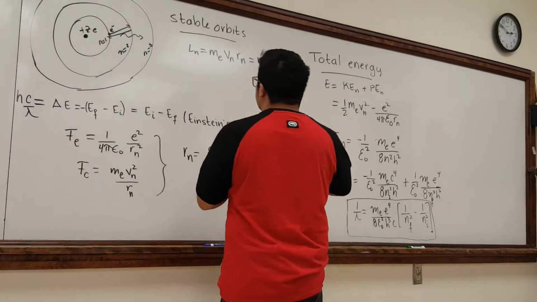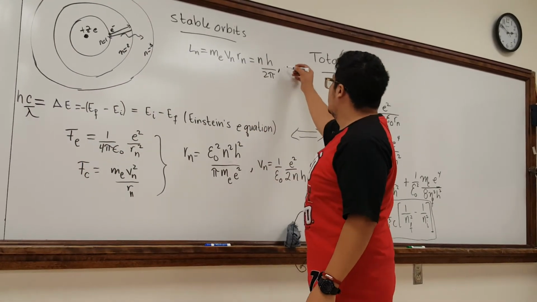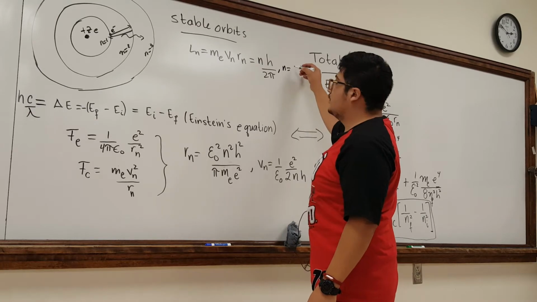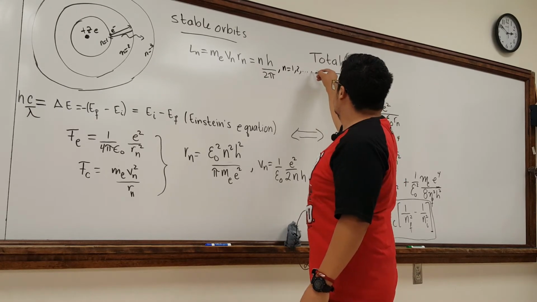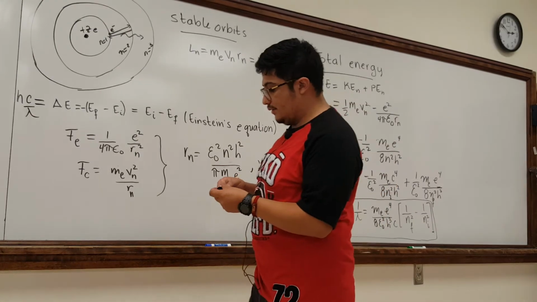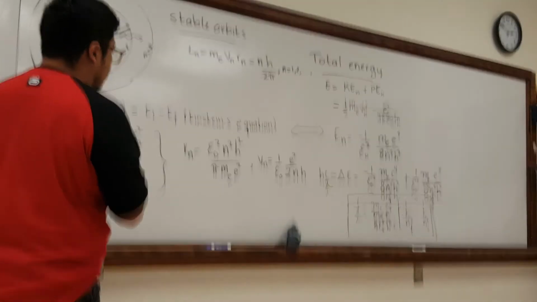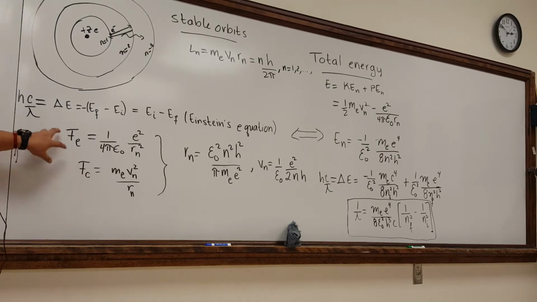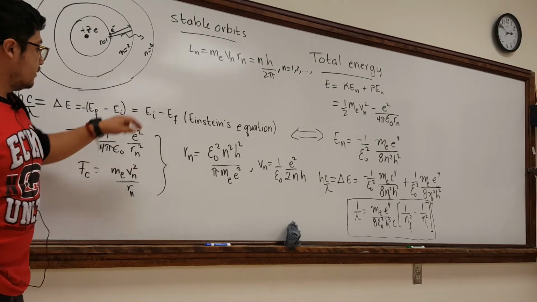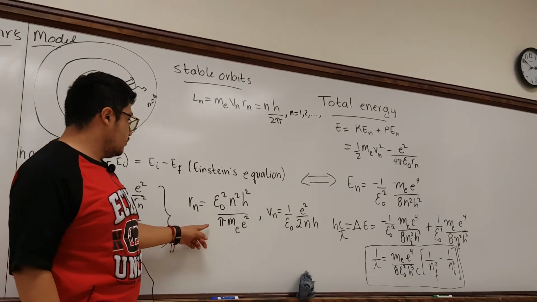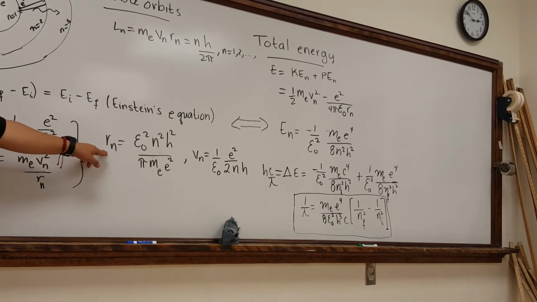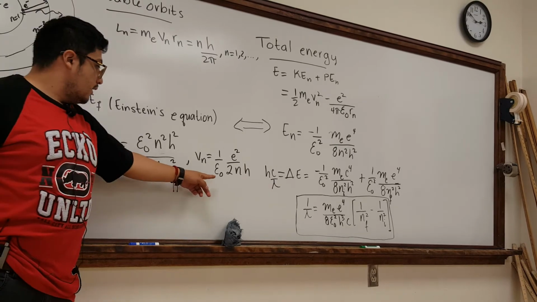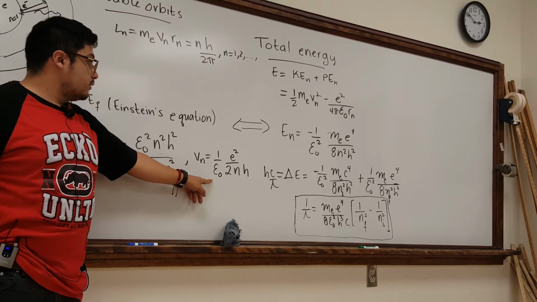Now n, again, means principal quantum number, and this could go to infinity, theoretically speaking. So if we combine these three relationships, we get two expressions: one for the radius at each energy state, and one for the velocity at each energy state.